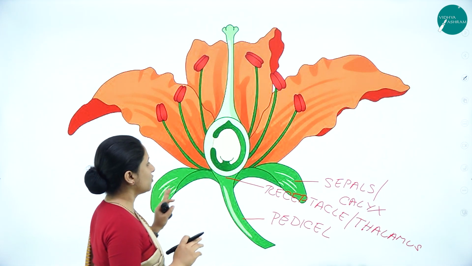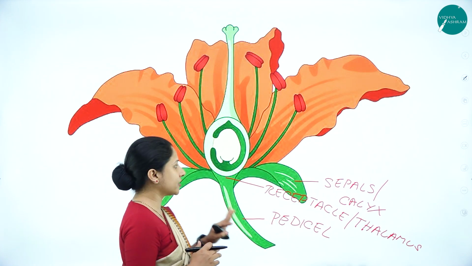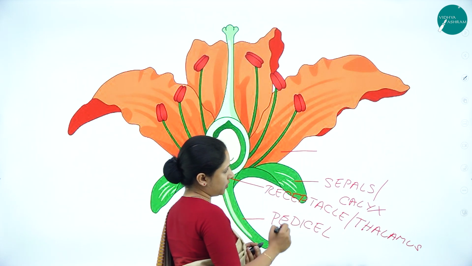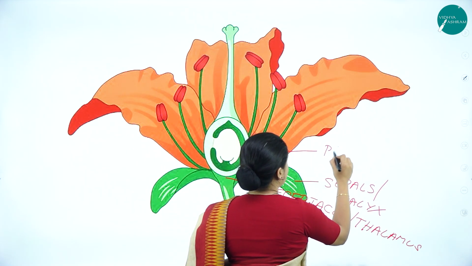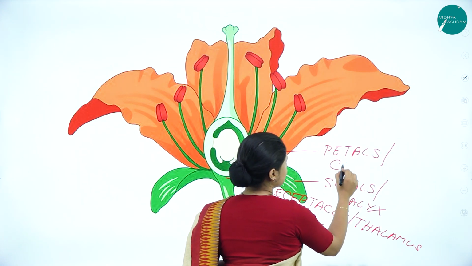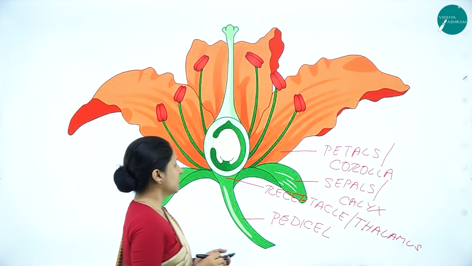Talking about the whorls of the flower, the outermost whorl is the sepals or the calyx, which I have already marked. Next to the sepals is the brightly colored whorl, which is called the petals. One more name for petals is corolla.